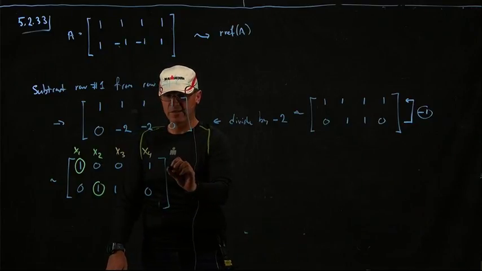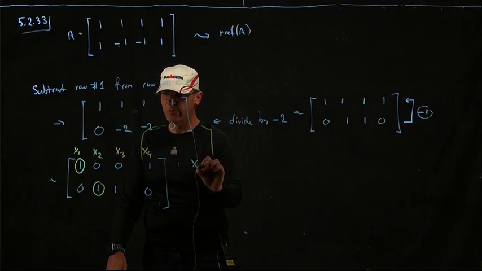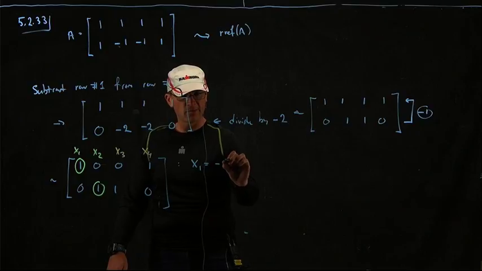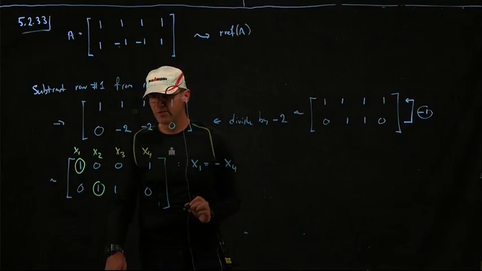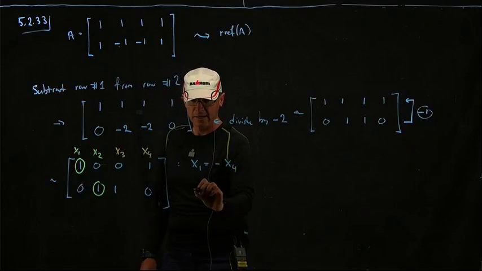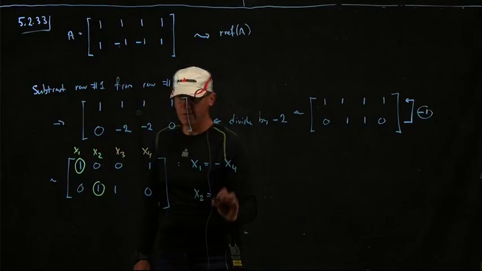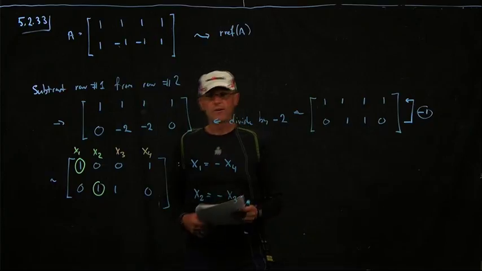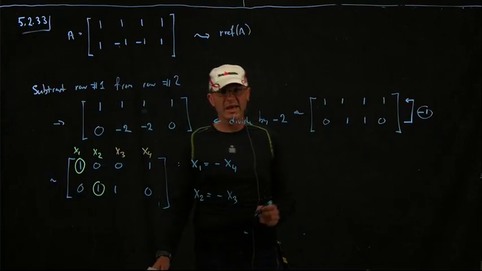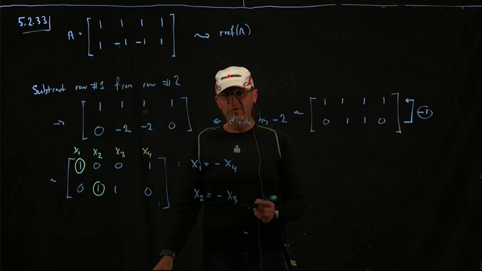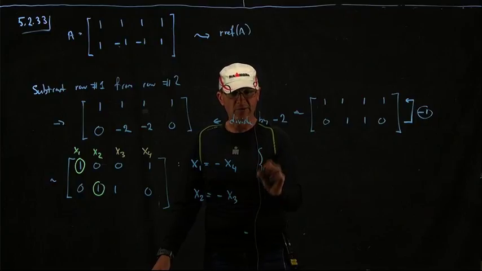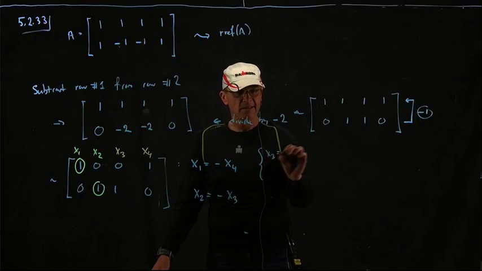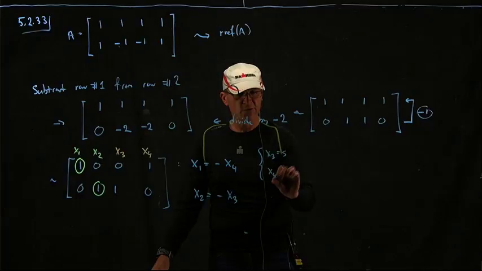So we can write x1 as minus x4, and we can write x2 as negative x3. And then we play the usual game, so we introduce parameters. So parameterize: x3 is s, x4 is t.